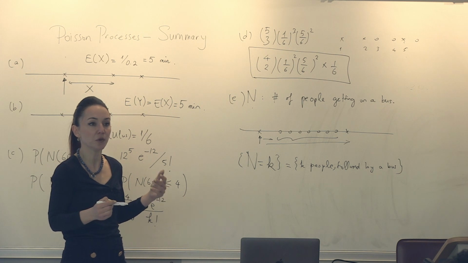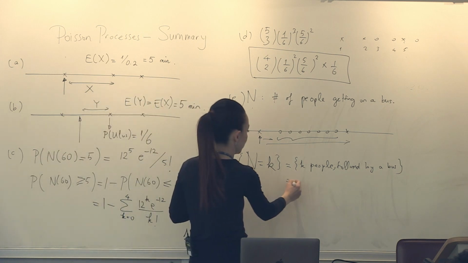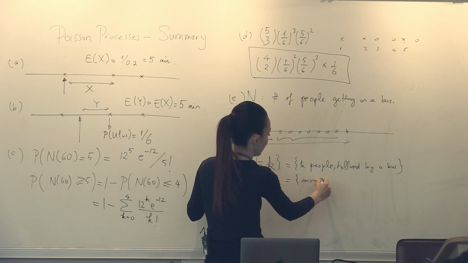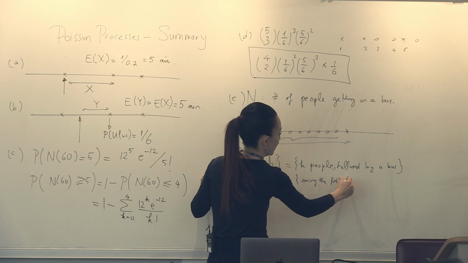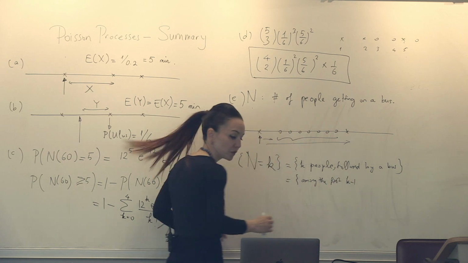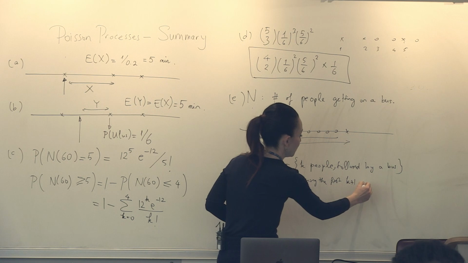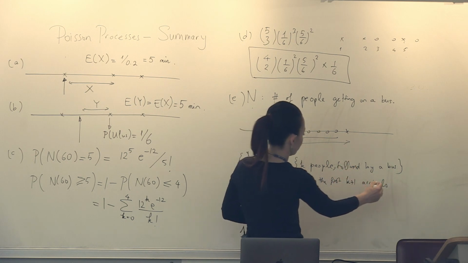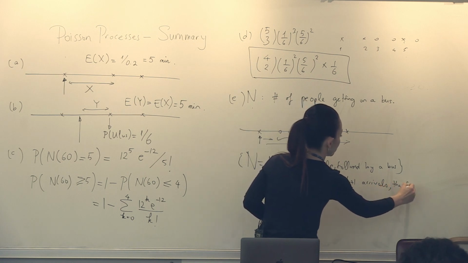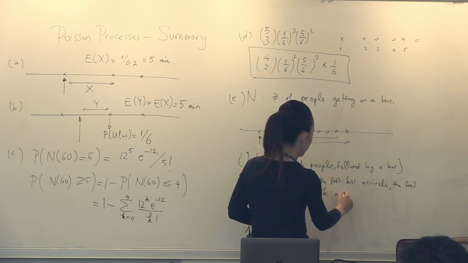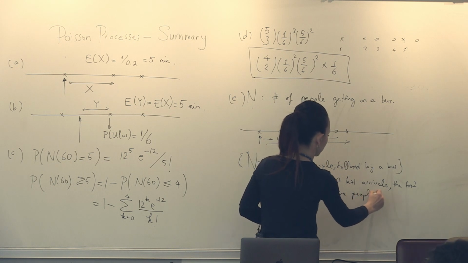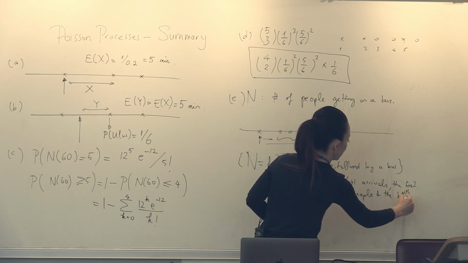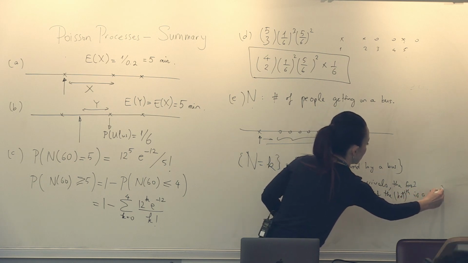Or, same thing said differently, among the first k plus 1 arrivals, the first k are people, and the k plus 1th is a bus. Same thing.